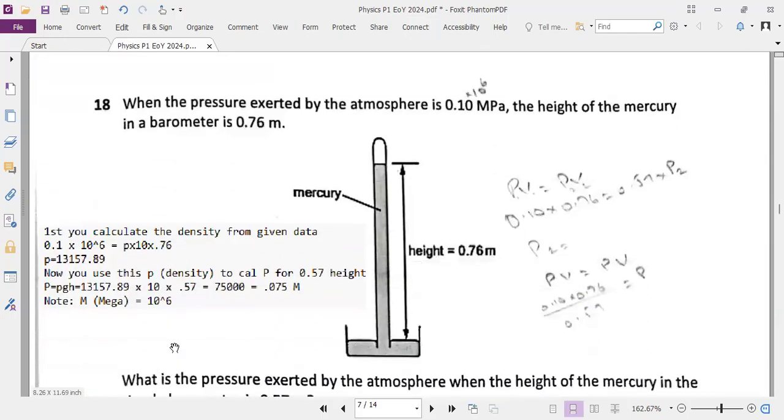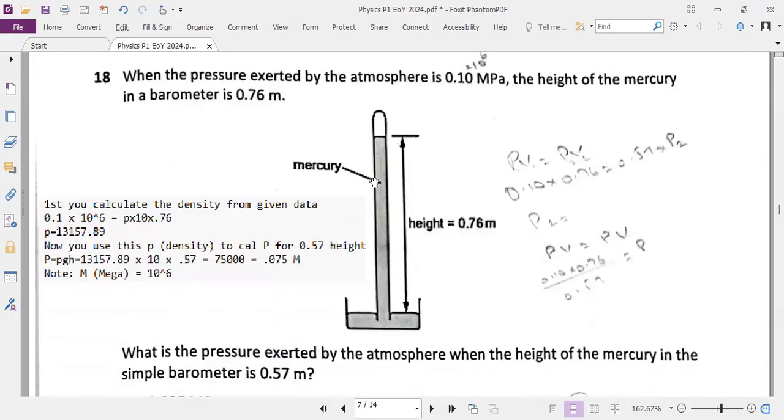Now, this question, again, bit tricky one. First, you calculate the density from the given data. You are given the pressure, atmospheric pressure, you're given the height. From here, you can calculate the density of the mercury, which is 13,157. I haven't written the units here, but obvious units are obvious.